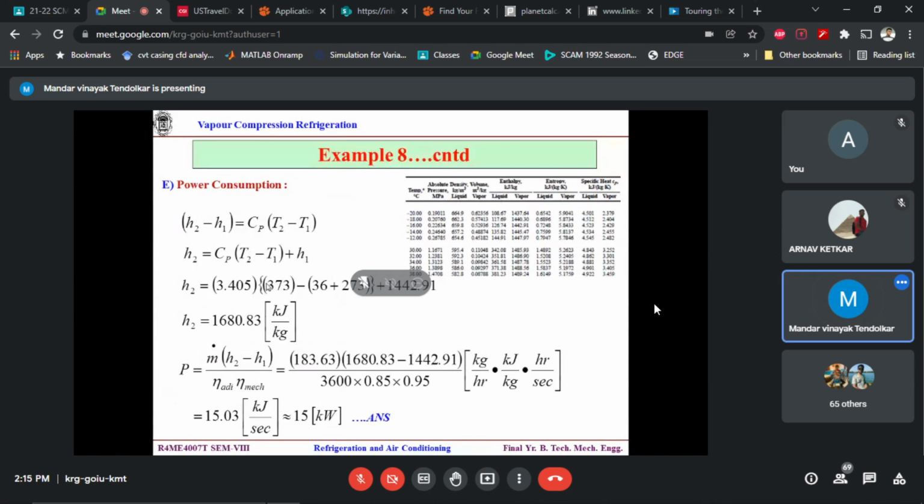Okay. Now power consumption. So now you know temperature T2 and this is vapor form, superheated vapor rather. So Cp delta T is valid. Correct, you calculate H2. So the moment you get H2, you get the power, m dot into H2 minus H1, and there are the efficiencies given: adiabatic efficiency and the mechanical efficiency.